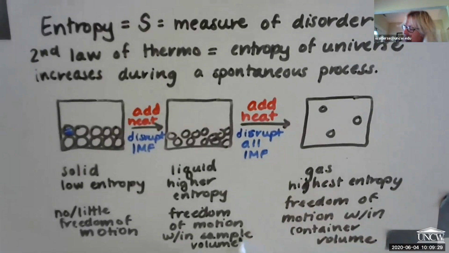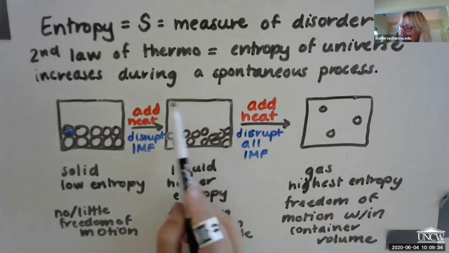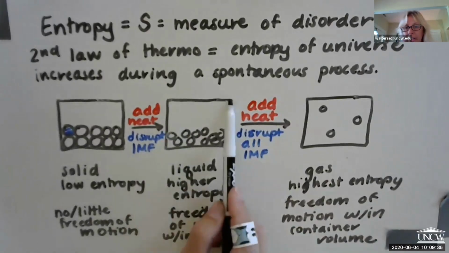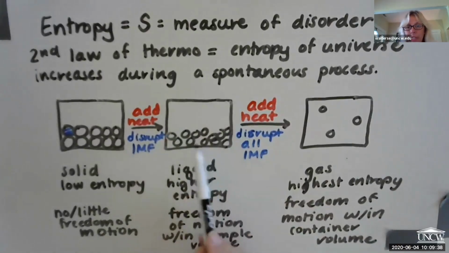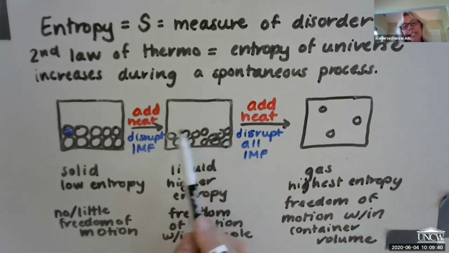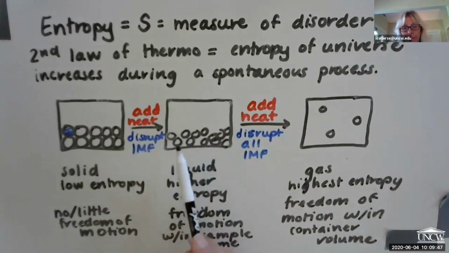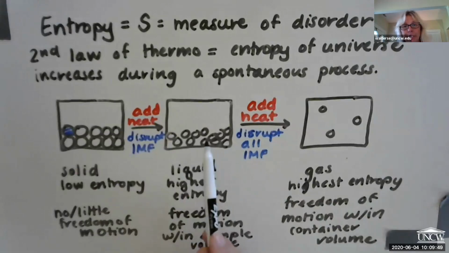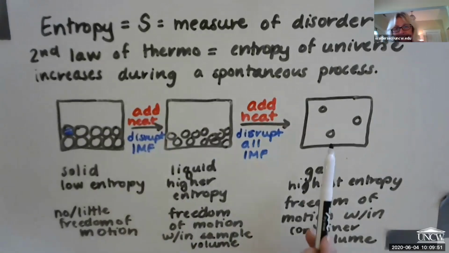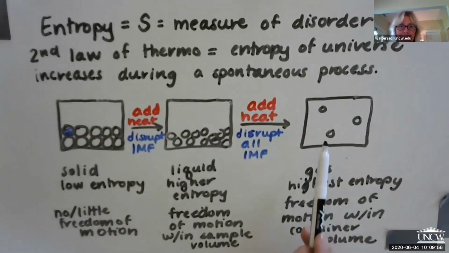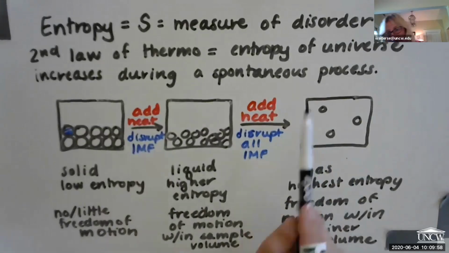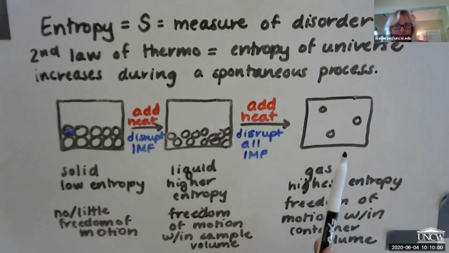So sample volume and container volume are two different things. So my container here might be 1 liter, but my sample only 10 milliliters. So my sample volume would be 10 milliliters. And the freedom of motion that those liquid molecules would have would be within that 10 milliliters. But if I'm in a gas in 1 liter, then those gas molecules occupy the entire liter of space. They take up whatever amount of space that you allow them to have.